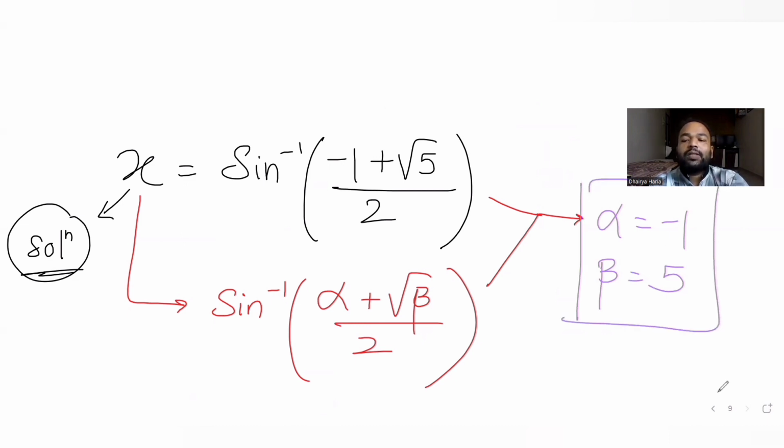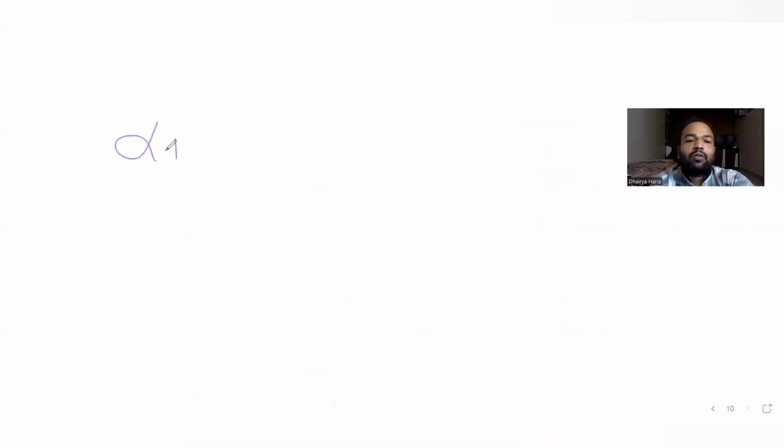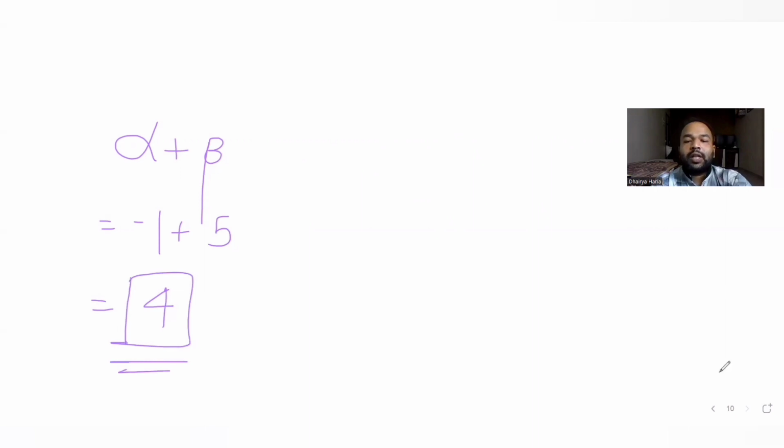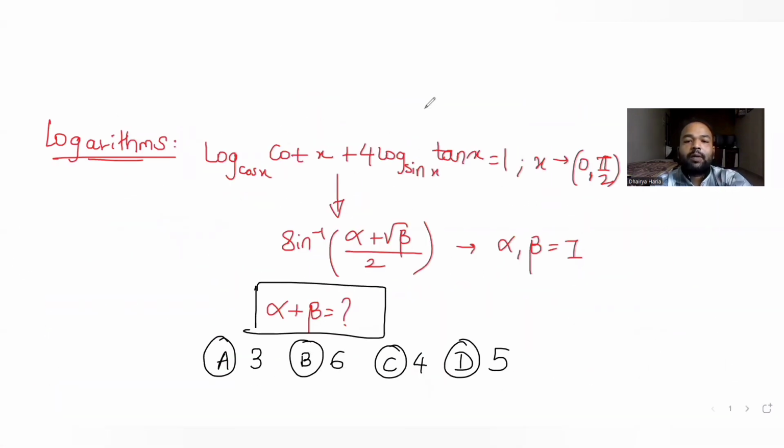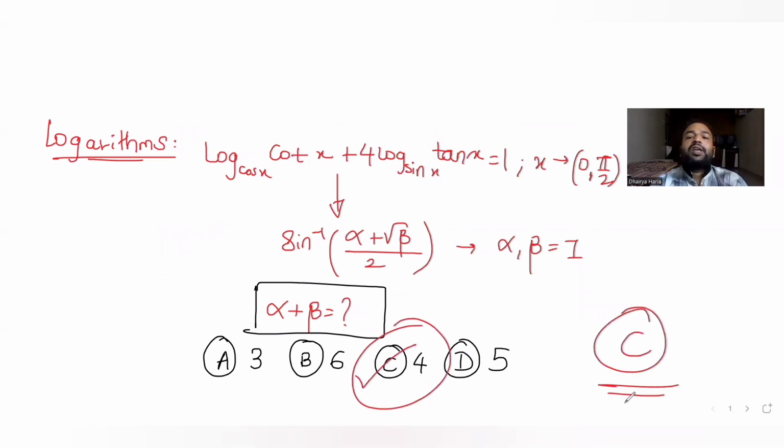Once I have alpha and beta, if I just add both of them, -1 plus 5, that is 4. So we get the answer for the question that alpha plus beta is 4. And the option that matches here is option C. So C is the correct answer for the question given to us.